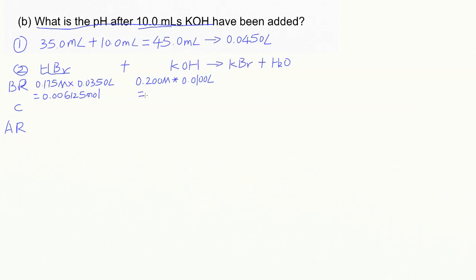What I got here is 0.00200 mole. Alright, so here you got the mole number of these two reactants. Now let's find the change. As you can see, you have less potassium hydroxide, so potassium hydroxide will be the limiting reagent. All of this potassium hydroxide will be gone. So the change is negative 0.00200 mole.